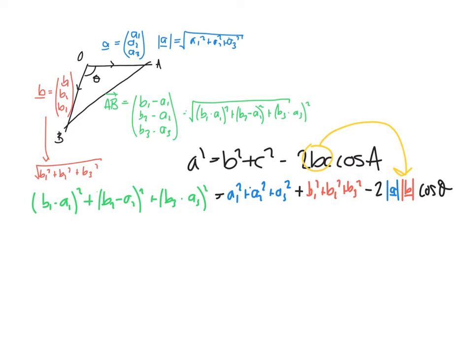So I'm going to spend a little bit of time expanding out these terms here. So obviously the first bracket would expand, as I'm sure you know, to b1 squared minus 2a1b1 plus a1 squared, and we would get similar expressions for each of the other terms.